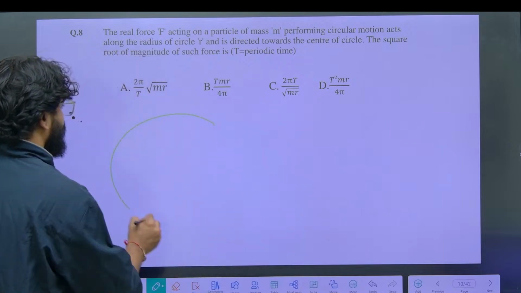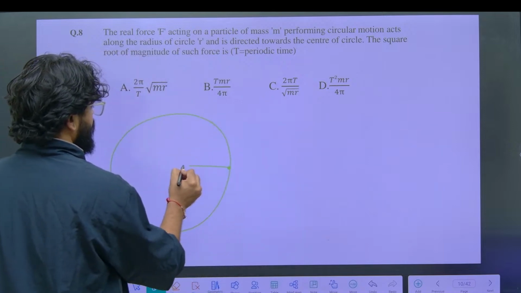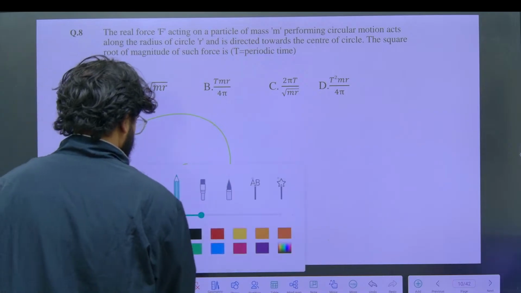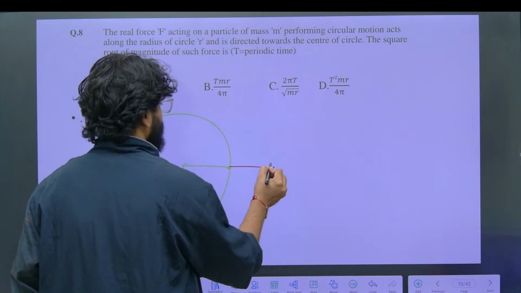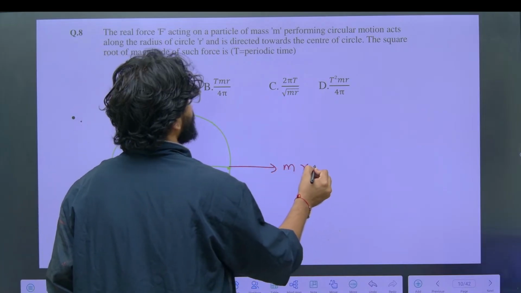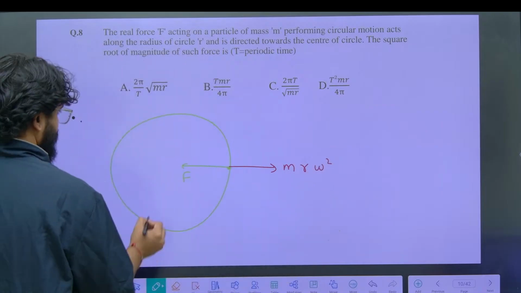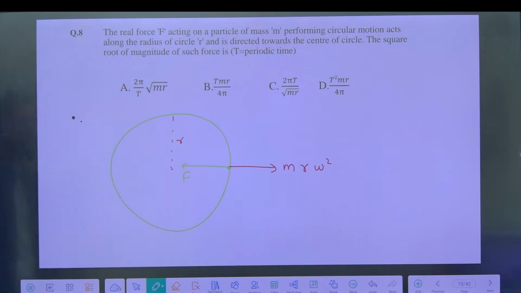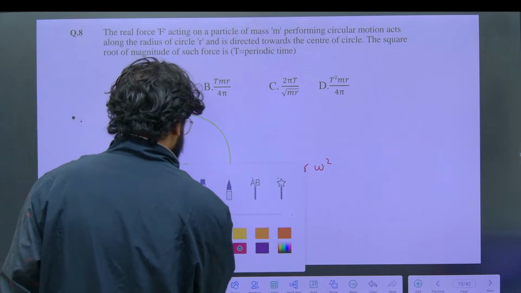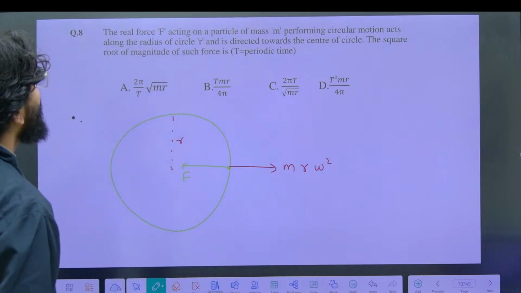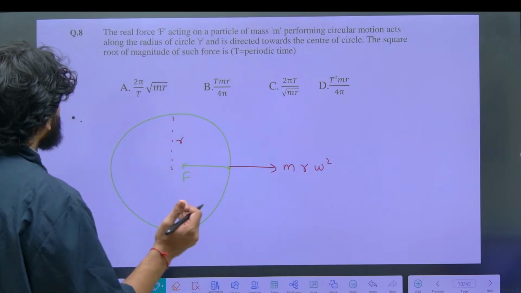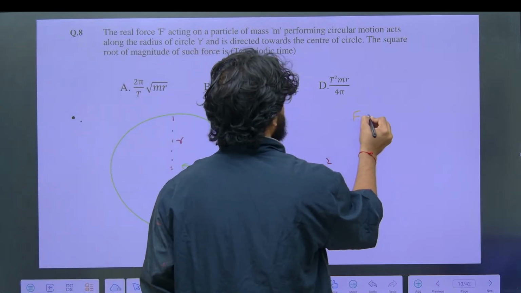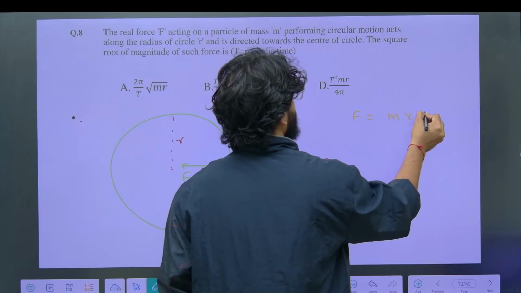So if this is the case, this is force, and over here it should be m r omega square. Over here we are assuming that it is rotating in the radius r. They are asking for the square root of magnitude of such force, root F. So F equals m r omega square.